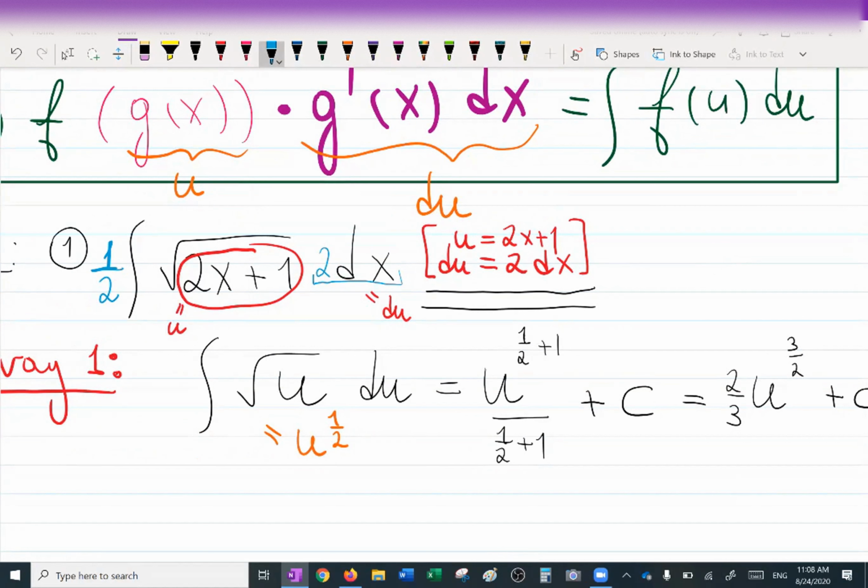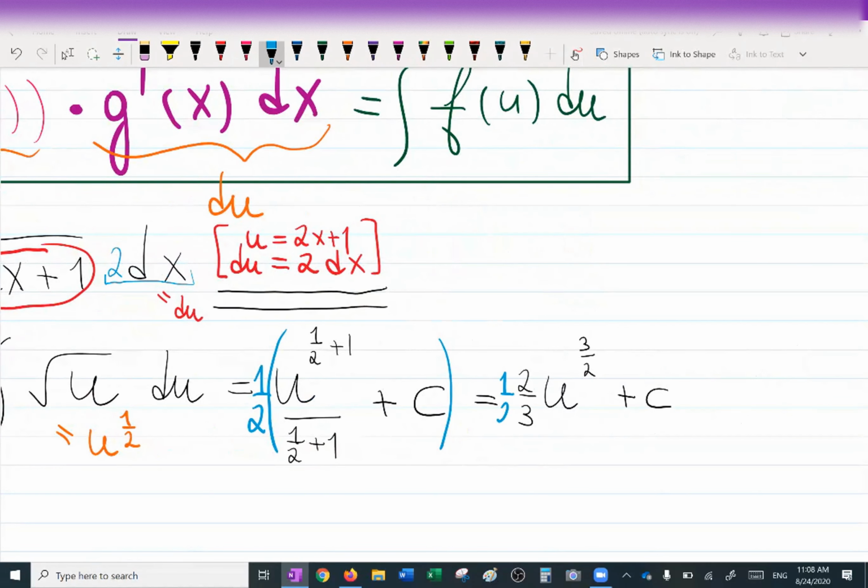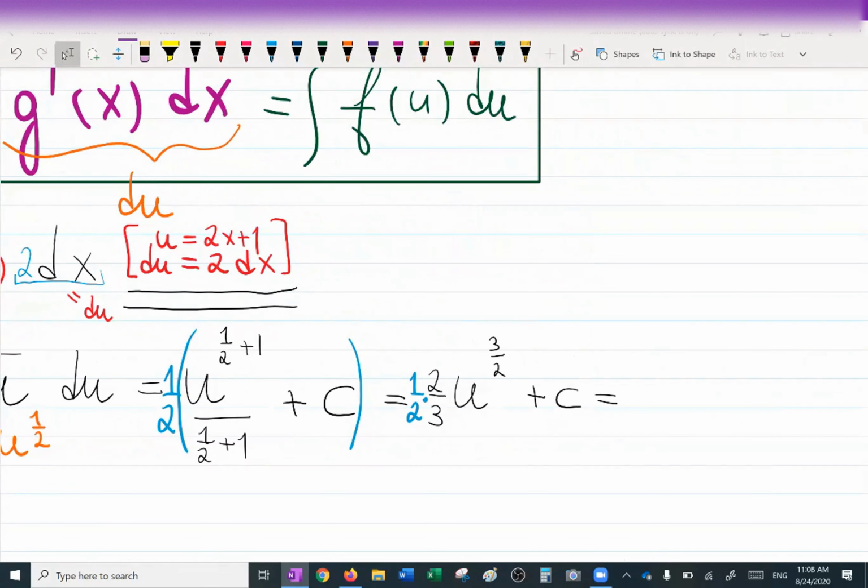It showed up when I changed everything to u, so I have to carry it everywhere. 1/2 in front of the integral, 1/2 in front of the calculations, 1/2 in front of the answer. And you can just multiply it. 1/2 times 2/3 is 1/3. So the answer is 1/3 u to the 3/2 plus C.